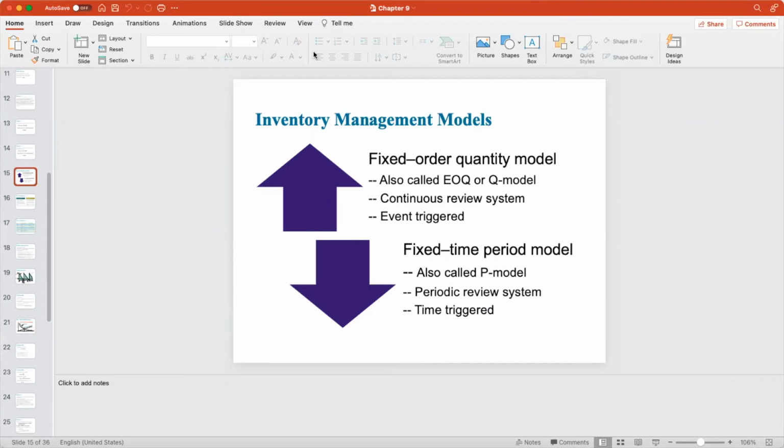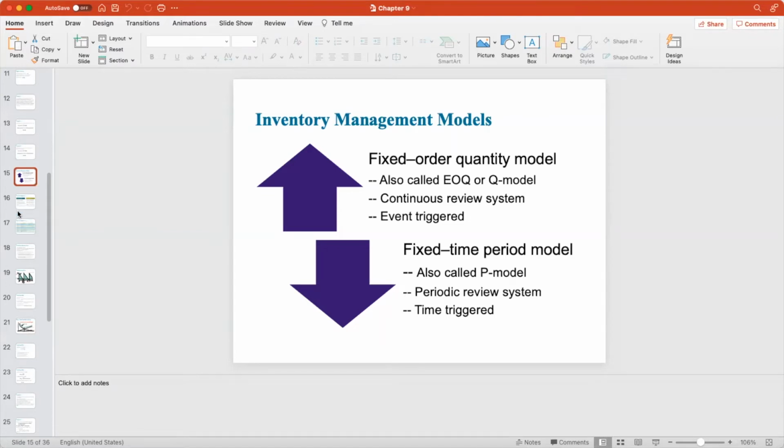On the other hand, within the fixed time period model, the time period between reorder events is fixed, and the order quantity that you reorder each time from your supplier is flexible. So in short, in the fixed order quantity model, the order quantity is fixed and the time period is flexible. In the fixed time period model, the time period is fixed and the order quantity is flexible. That's the key difference here.